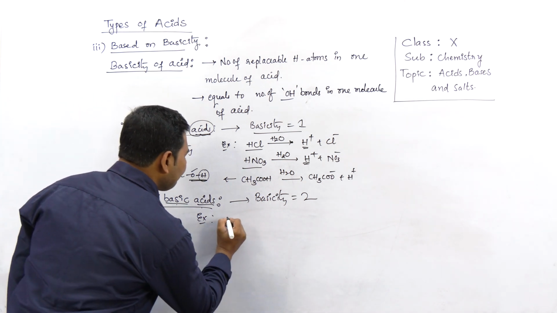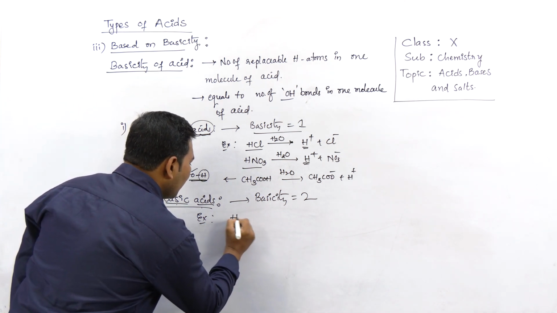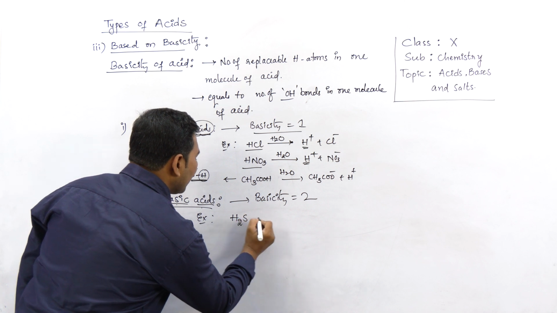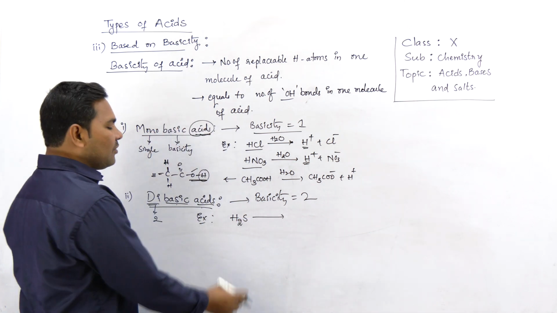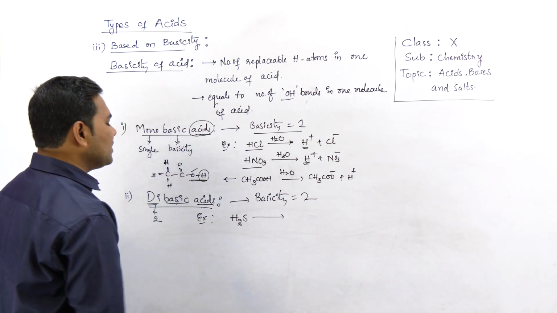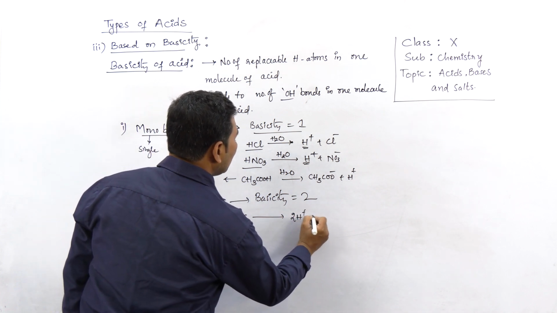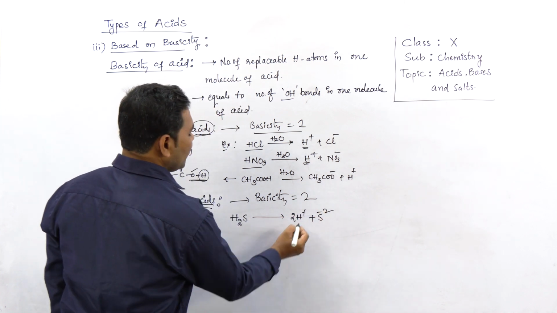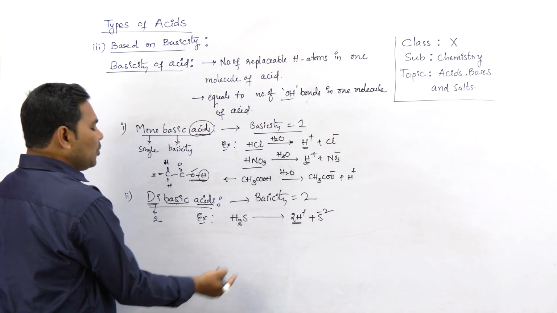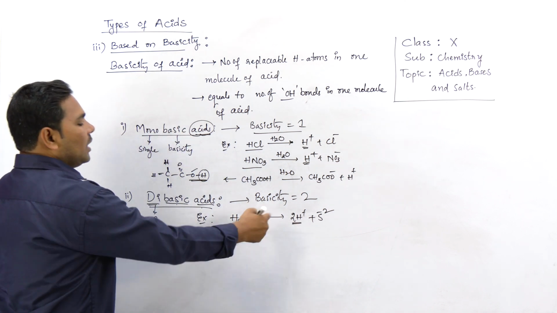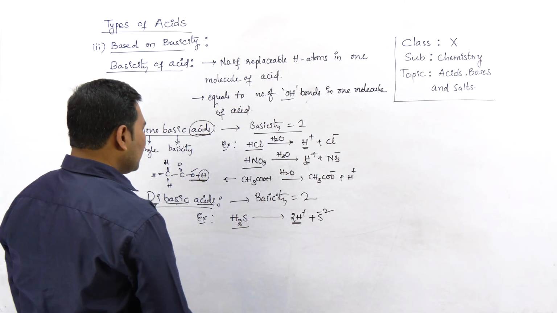I will write H2S. It produces 2H plus and S minus 2. Since it can produce 2 hydrogen ions from one molecule, it is called a dibasic acid.